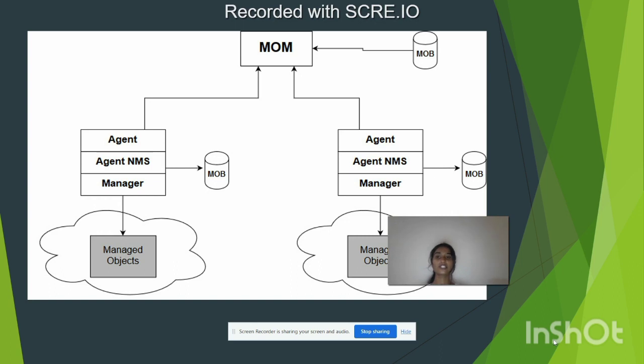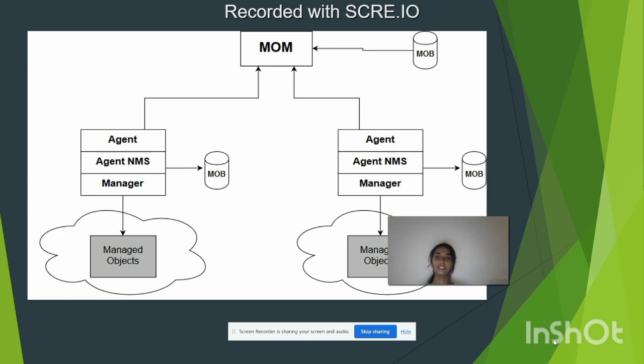And the agent networking system can be placed at the local site, and the information can be passed to the remote sites. The manager's function is to collect the data from the data elements, process it and store it in the database.